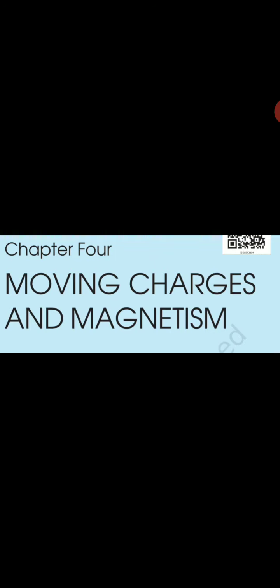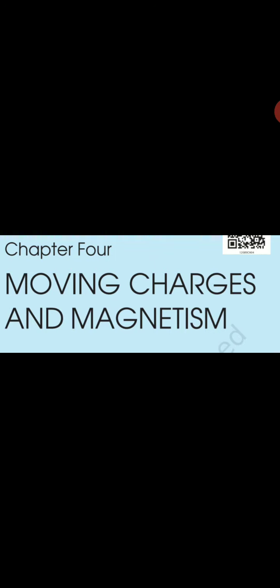So a magnetic field is produced simply with the help of a magnet. You bring a magnet, a magnetic field will be generated around it. That is the first way. The second is a current carrying conductor can produce a magnetic field. The third is, whenever a moving charge is there, a magnetic field is produced.